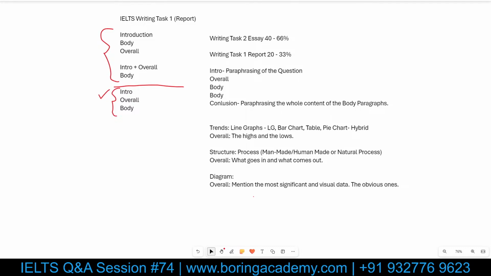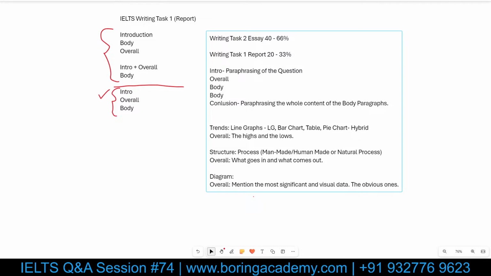So is the overall clear now? Yes, sir. And Adya, can you see the difference between a conclusion and overall? Yes, sir. Perfect. And body paragraphs is simply splitting the image into two. Make sure that you organize it properly. For instance, if it is a process and there are 8 steps, divide them into 4 each.